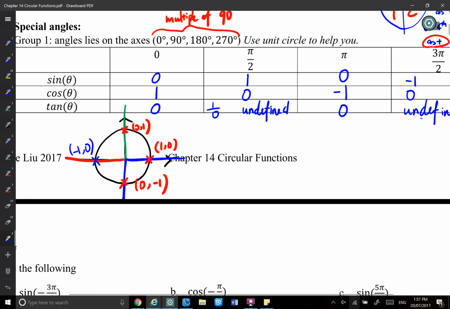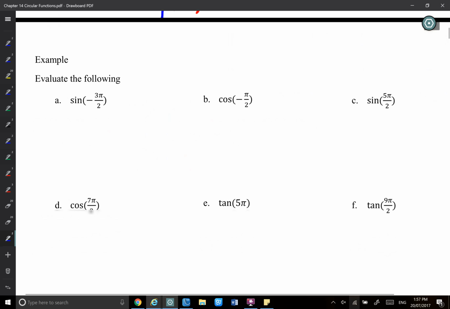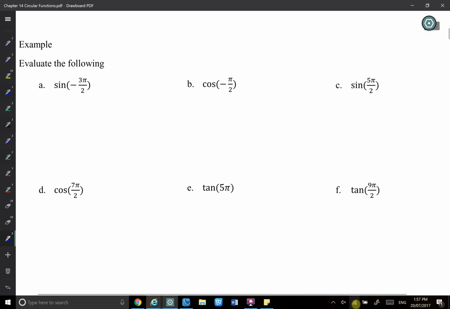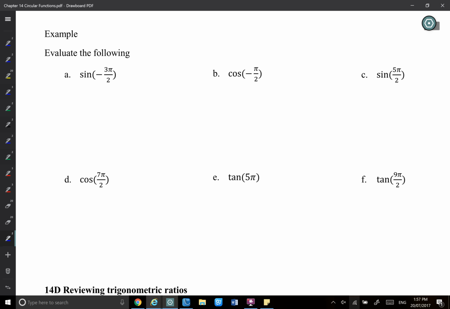So what I want you to do is this question here, A B C D E F. I want you to evaluate those 6 questions. First, sketch the angle. Second, find the point of intersection. Third, evaluate that.